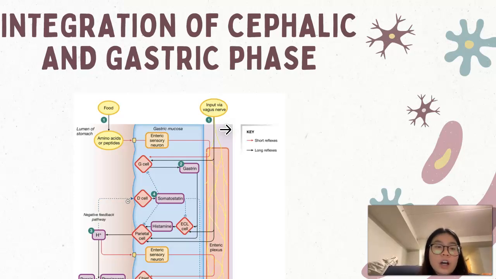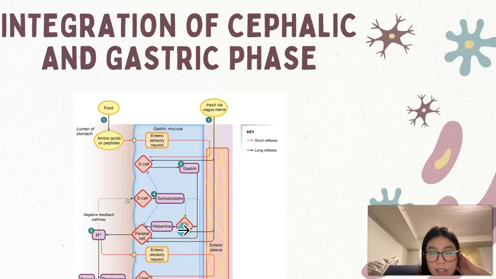And this is part of the long reflex and relates to the vagus nerve. Both ways start off with stimulating our G cells, as seen here. Our G cells secrete gastrin, and gastrin goes on to inform parietal cells to secrete hydrogen ions, which helps with the buildup of hydrochloric acid in the stomach.